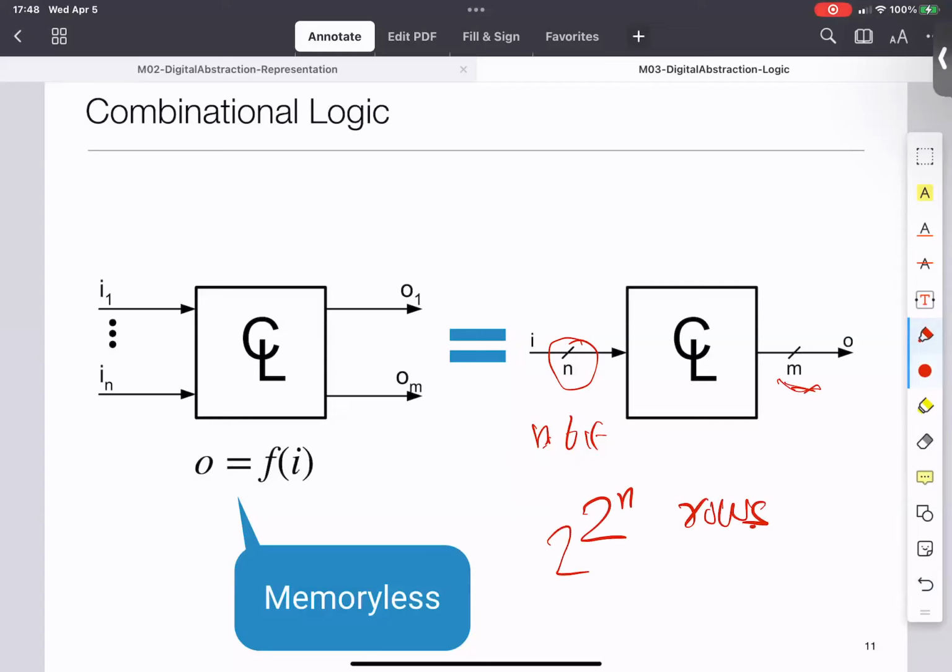Multiplying across all m columns, that gives 2 to the power n, raised to the power m. That many functions are possible of this type, that many combinational logics. So things grow very rapidly, but the main part to remember is it is memory-less.